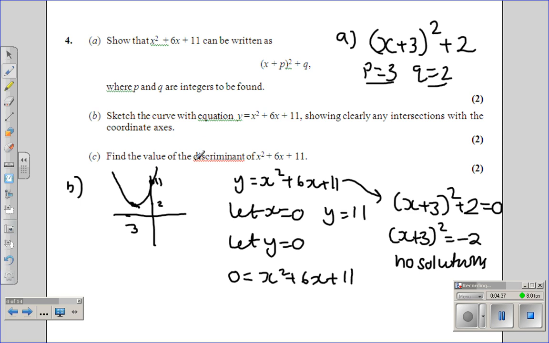Part C, we have to find the value of the discriminant of this. Well, we know it's going to be negative because we couldn't get any solution before. We can't solve the equation, but we'll find the value of the discriminant for part C. We can write it small. The discriminant is the bit under the square root sign in your quadratic equation, b squared minus 4ac.